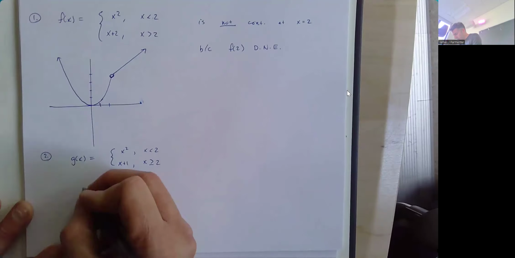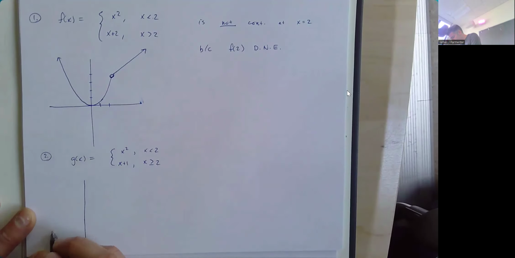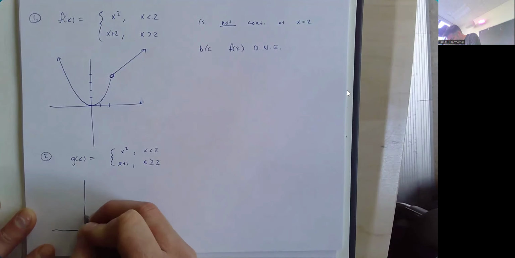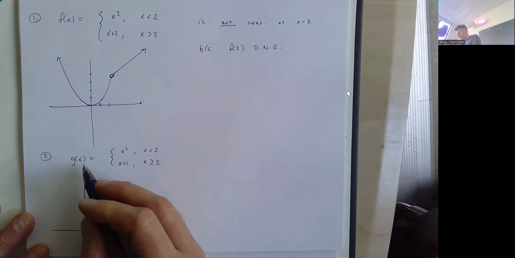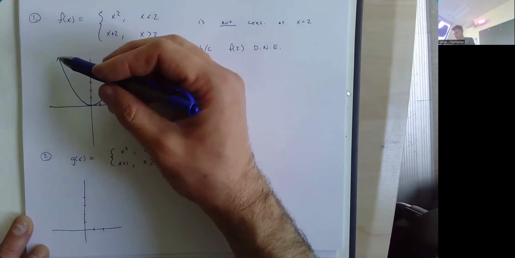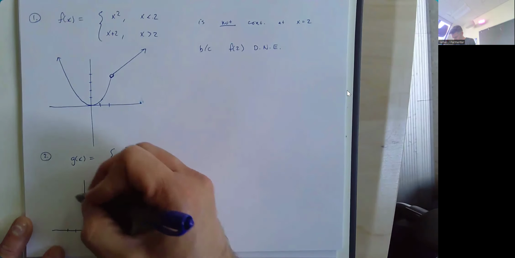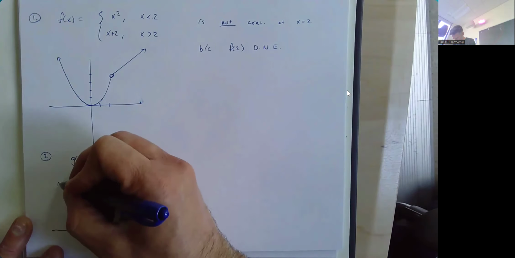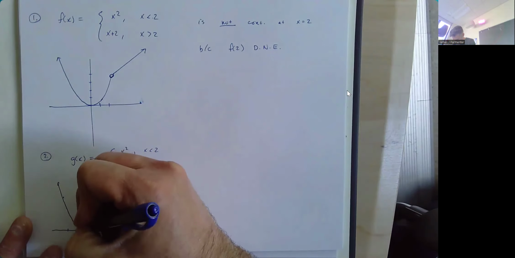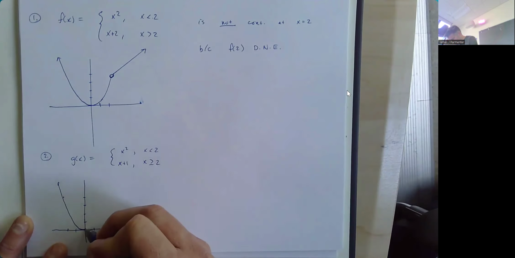So here, when I graph it, let me be a little bit more careful about what's going to happen here. When x is less than 2, I still have the same portion of the parabola, y equals x squared. It's going to look something like this, until the point 2, 4.